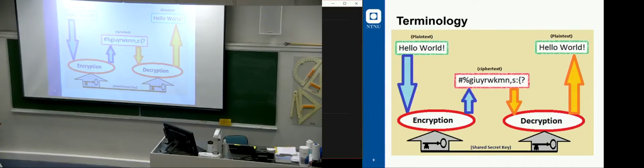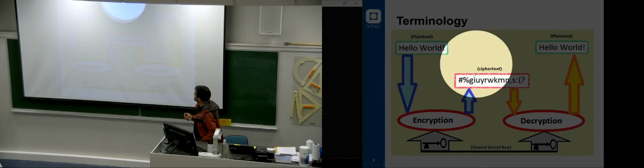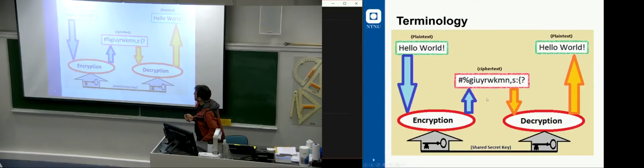After encrypting the hello world message, it will be converted into ciphertext, which I think none of us can understand here, because we already know it's hello world. That's why we can say randomly this is hello world.